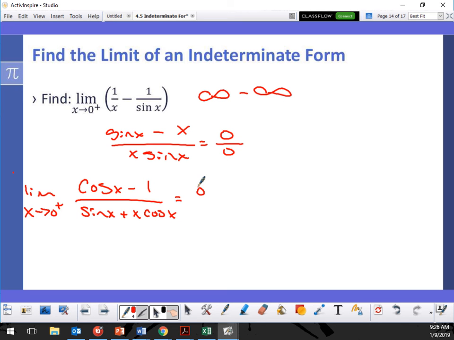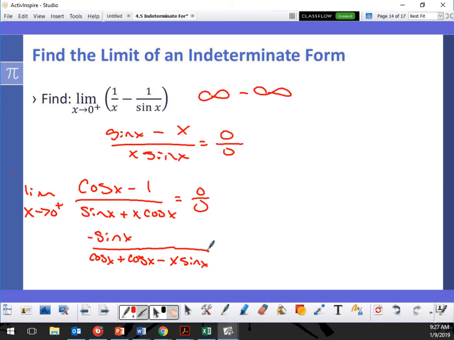Okay, so one more time. Negative sine x, and then divided by cosine x plus, product rule, cosine x minus x sine x. Minus x sine x. Very good.